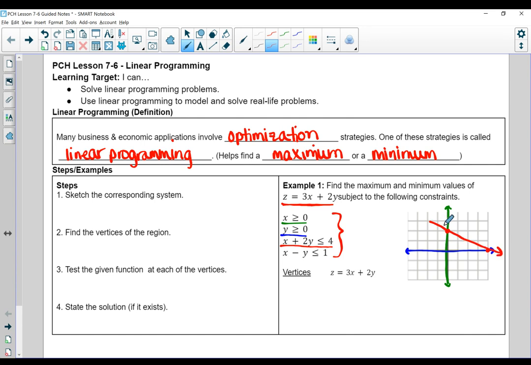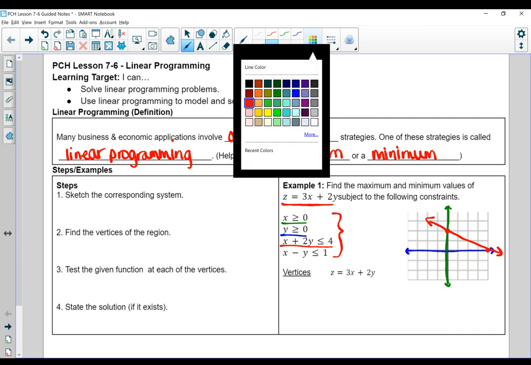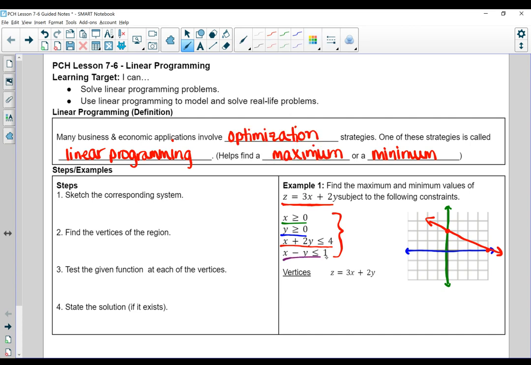You could also do it in slope-intercept form if you want to rewrite it that way. And then, of course, we've got one more color. X minus y. So our y-intercept is at -1, and here's at +1.